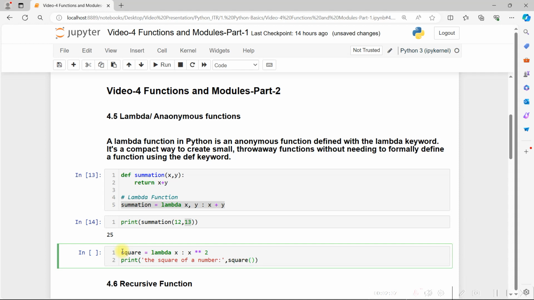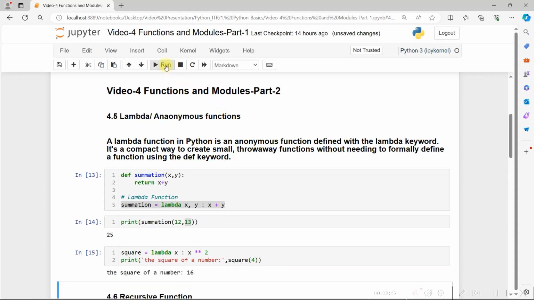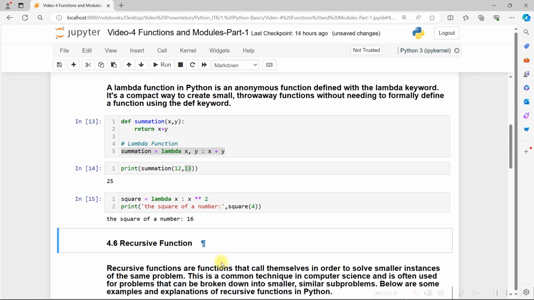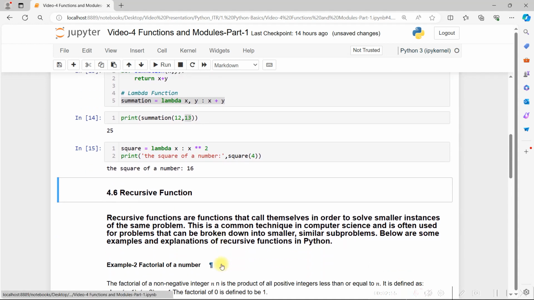As there is only one argument, we have to pass only one argument over here. Let us pass argument 4 and let us see what is the result. So here we have got the square of a number is 16. So this is how we can write a lambda function in a single line.